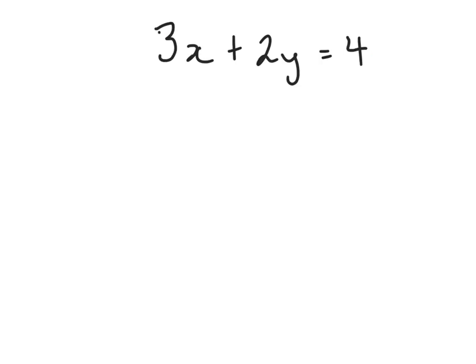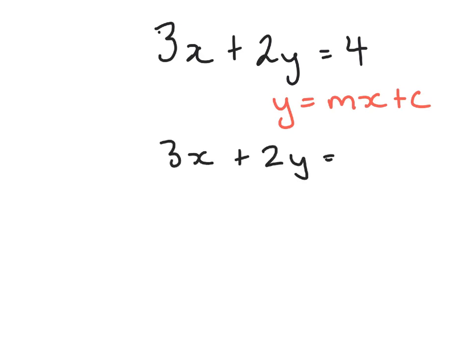Sometimes the equation is not so easy to read, and we have to rearrange it into the form y equals mx plus c first. Looking at the equation 3x plus 2y equals 4, I begin by getting 2y by itself.